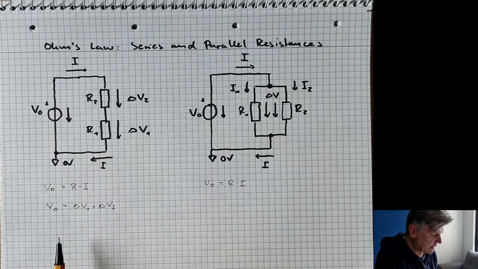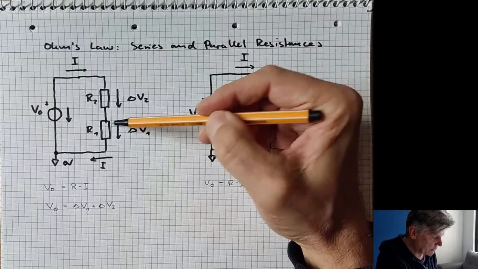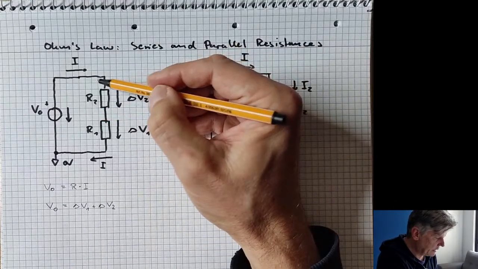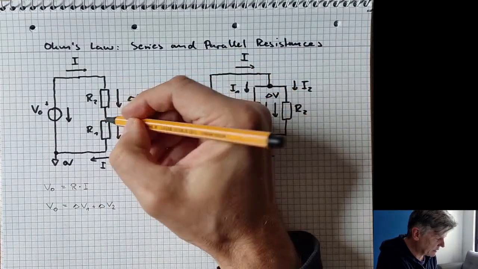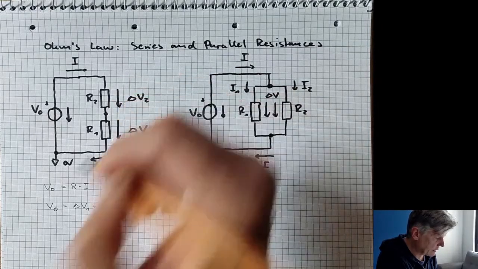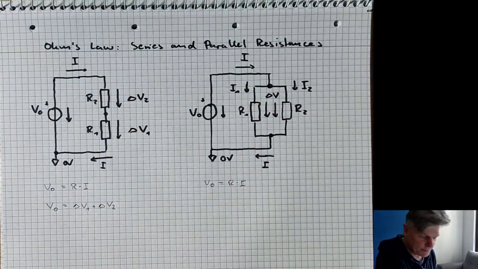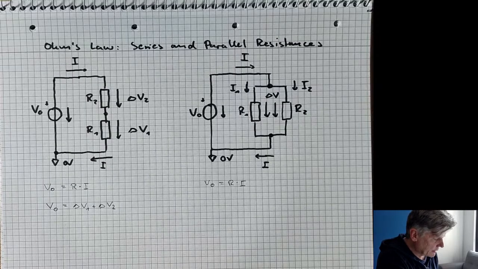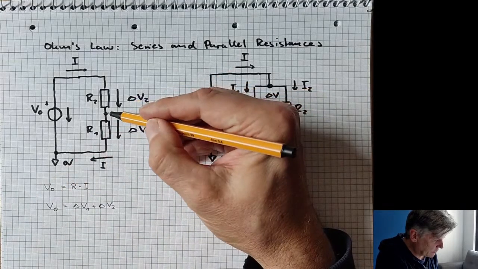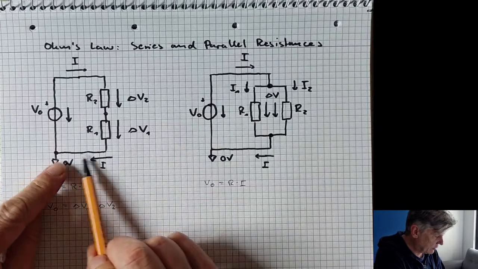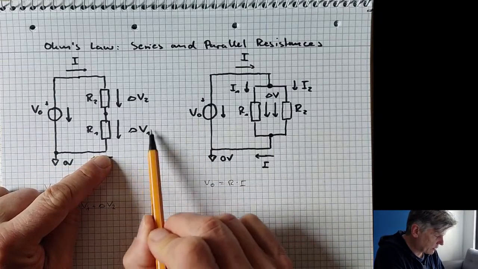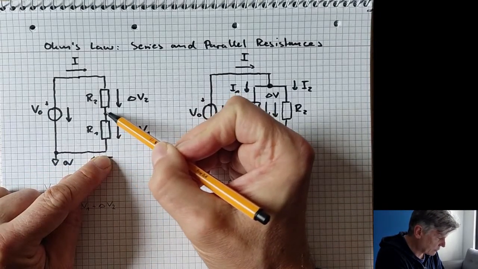Okay, so how large is the voltage drop across this resistor? We have here the potential V0. Here we have a different potential at this node. This potential at this point would basically be 0 plus this voltage drop here. That would give us this point.